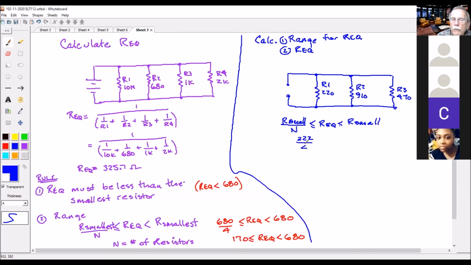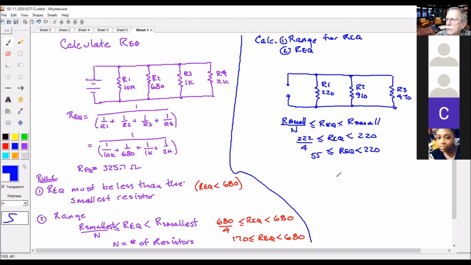So 220 over 4. All right, so 220 over 4 is 55. So REQ, when we do the calculation, has to be somewhere between 55 and 220. That's the range we are looking for.